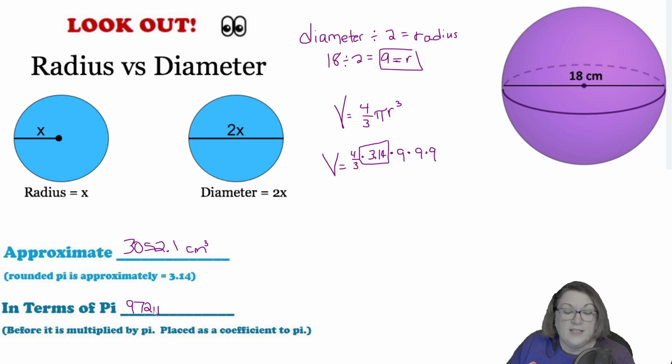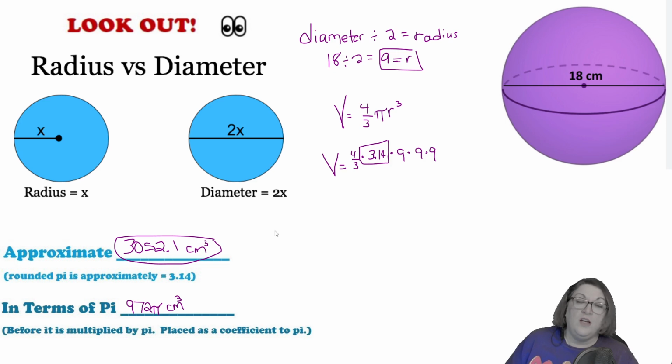And don't forget to save that pi for last and put that pi symbol there. Just like dinner, dessert is last. So the pi should be last in the in terms of pi answers. And of course, if they asked us to find the hemisphere volume of this sphere, you would take all of this amount and just divide it by 2 to get your hemisphere volume.